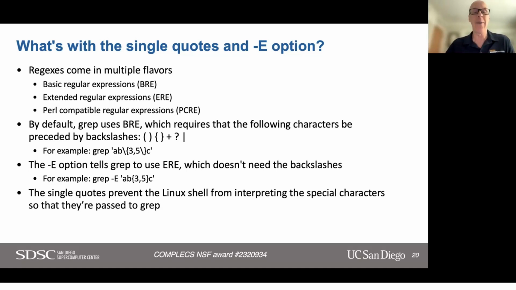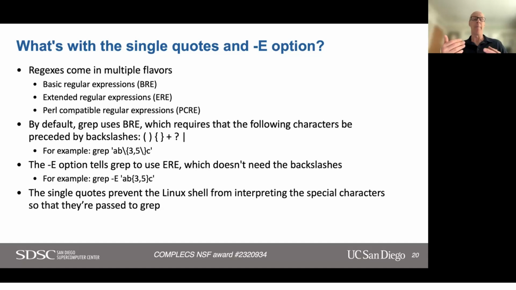If we wanted a match of A followed by anywhere from 3 to 5 B's followed by C, the way we would have had to write that was AB backslash left curly brace 3, 5 backslash right curly brace C. The -E option tells grep to use extended regular expressions, which don't need the backslashes.